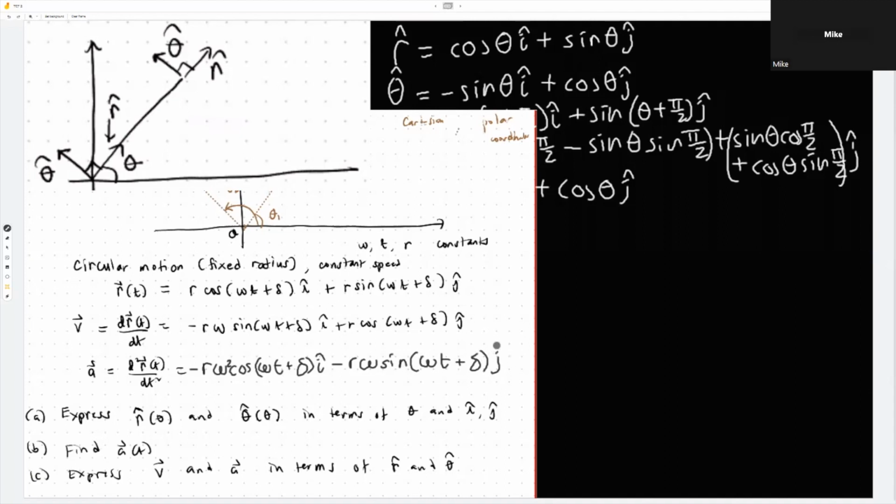Okay. Ngayon, from these expressions, kasi we want to make sense of what's omega and r. What is the speed? The magnitude of v is this one.